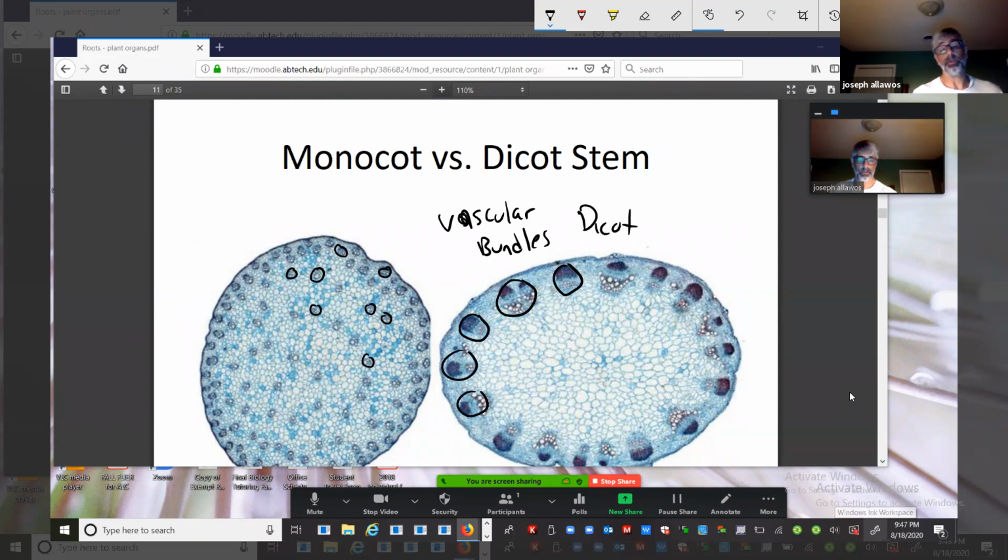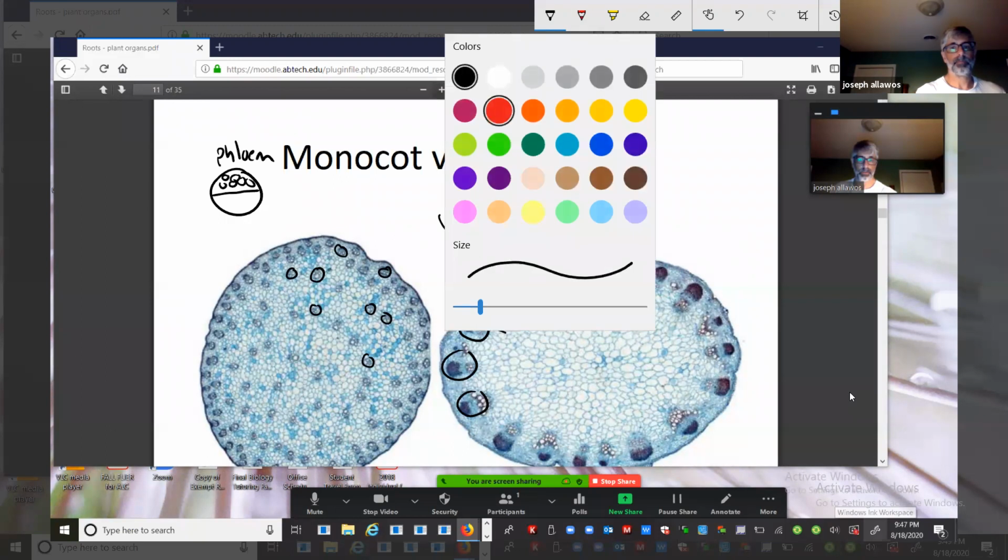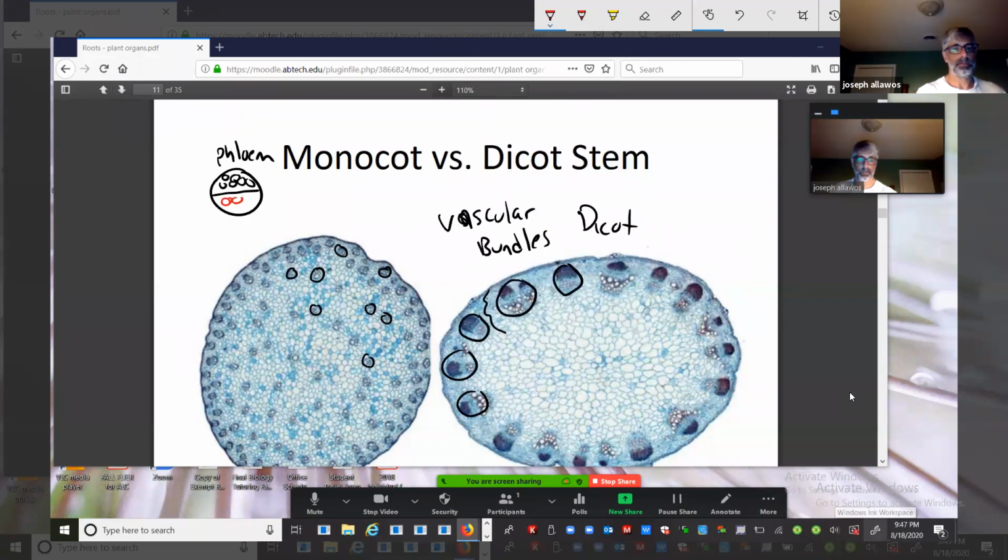What is a vascular bundle? It's basically a vein, right? What's the vascular tissue? Xylem and phloem. And so if we just take one of these and we draw it up here, it's going to be arranged like this. You're always going to have phloem to the outside, xylem to the inside.